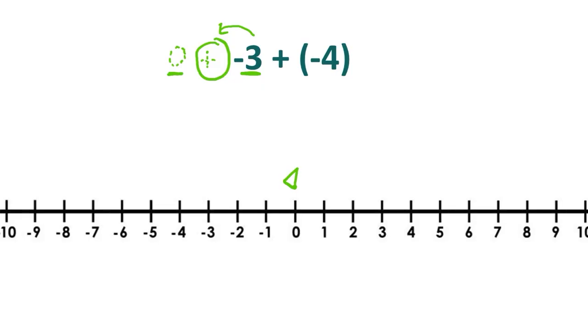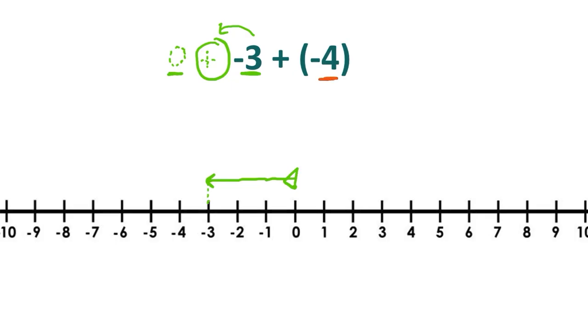It says plus, so I'm going to walk forwards 3 steps. 1, 2, 3. And I land on -3. So I walked 3 units and I landed on -3.